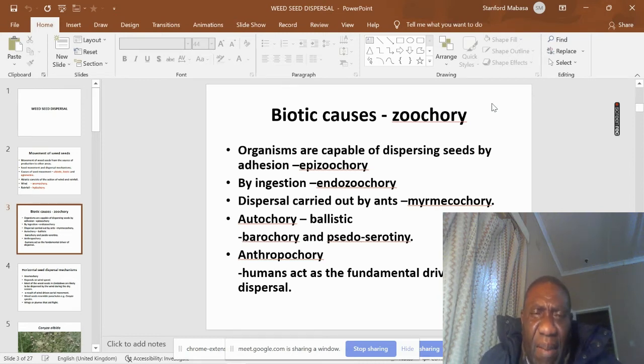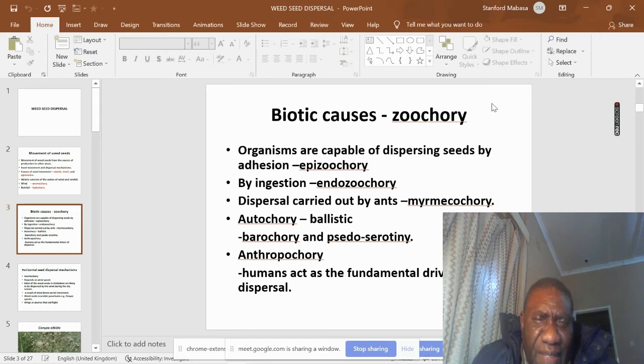We have, to a small extent, dispersal carried out by ants, myrmecochory. Then there is a dispersal which is caused by splitting of the fruit, which is known as autochory or ballistic dispersal.